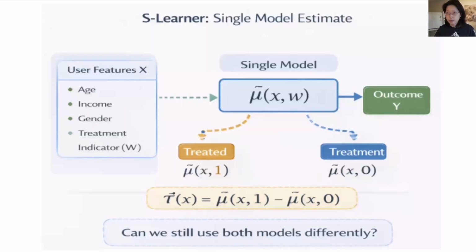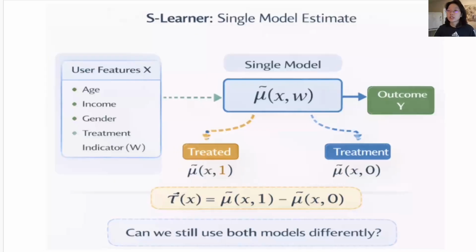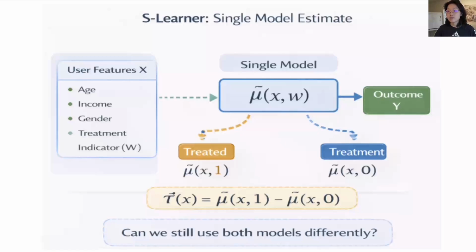In our example, this could mean that the user was shown the ads, and this is the estimate of whether the user will purchase. And this is a control group where you set W equals 0, and we're estimating whether this user will purchase the item. And uplift essentially is the delta of these. So this measures the effect of the users' expected response given the treatment intervention.